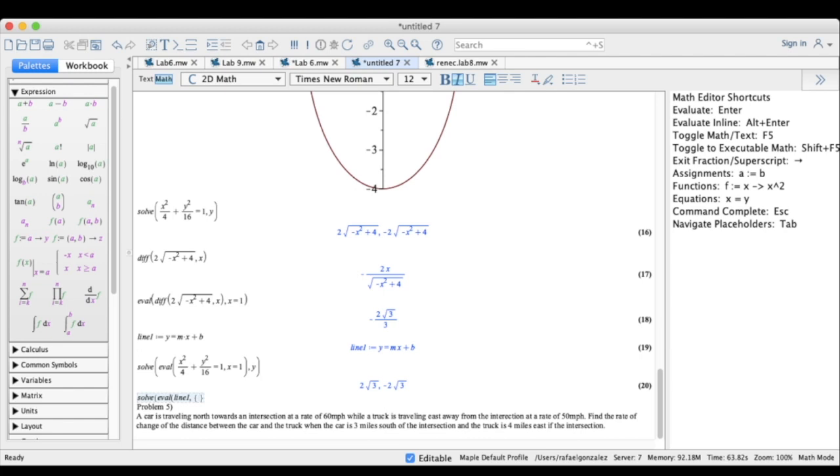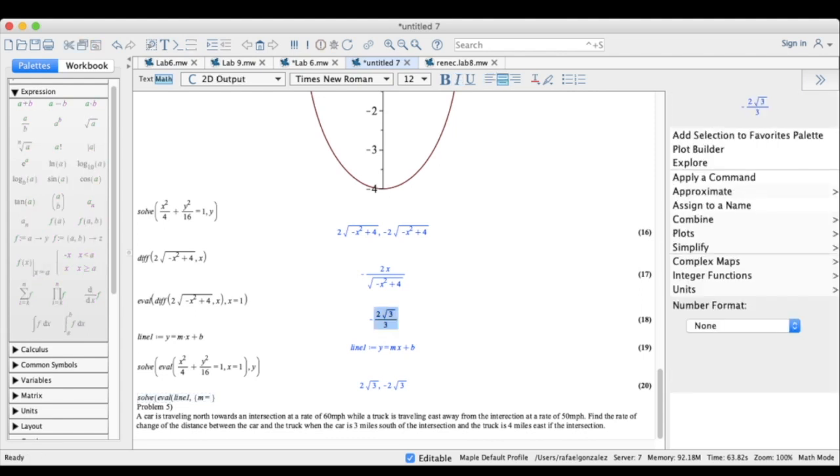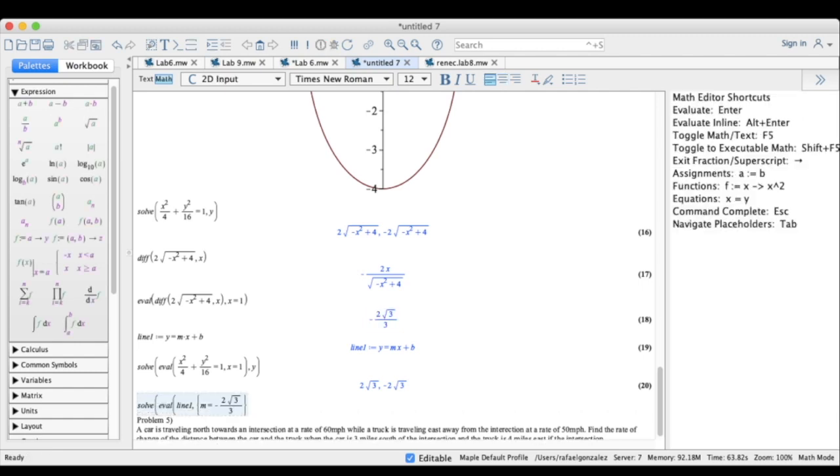So I could say m, which is the slope, is going to be equal to the value that we have here for the slope, which is this. So let's put that in there, comma.